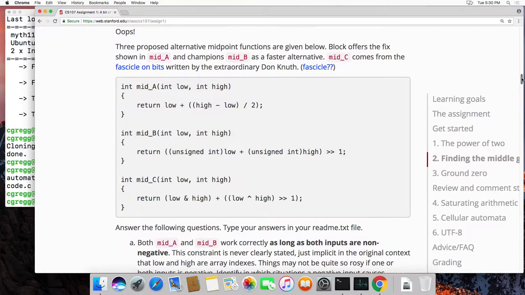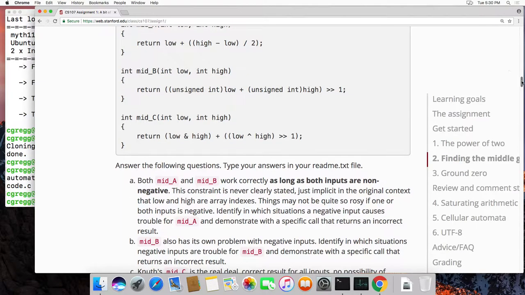And then finally, we have a really crazy one here, which does some interesting bitwise arithmetic and comes up with the midpoint. And your job is to figure out what's going on. This one was actually described first by our own Donald Knuth, and it is a very interesting way.